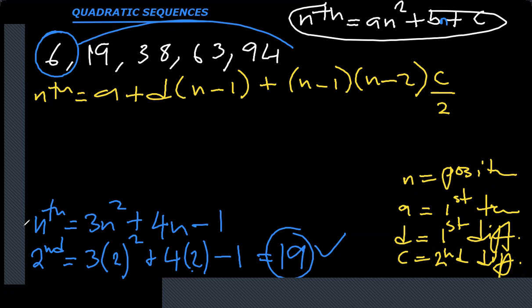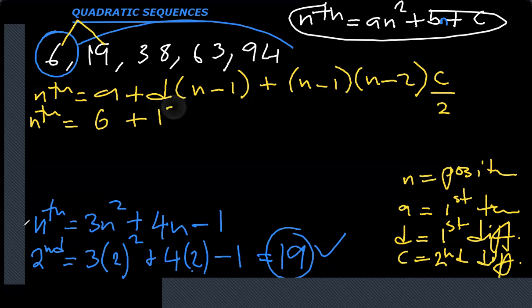So then you say the nth term is going to be: the first term in our sequence is 6 plus the first difference. We take the first difference, it's right there, and that gives us 19 minus 6, which is 13.